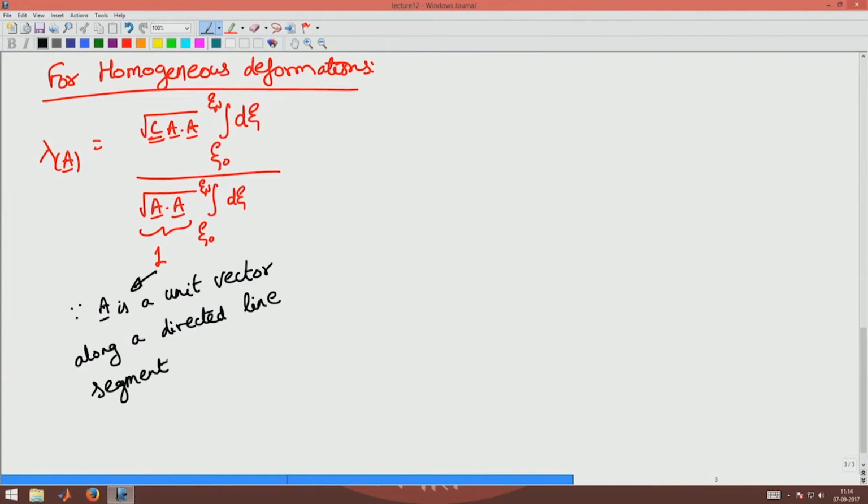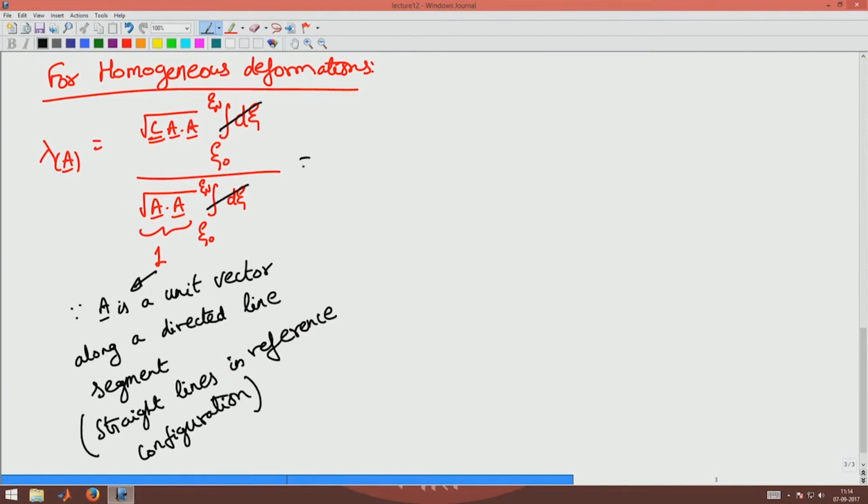That is, I am looking at straight lines in the reference configuration. I am not looking at a curved line in the reference configuration. I am not looking at a circle or ellipse in the reference configuration, I am looking at a straight line in the reference configuration. So, these two will cancel out each other, denominator is 1.